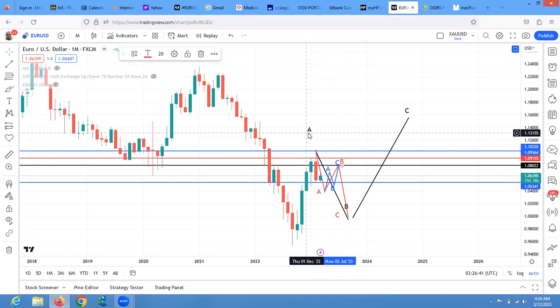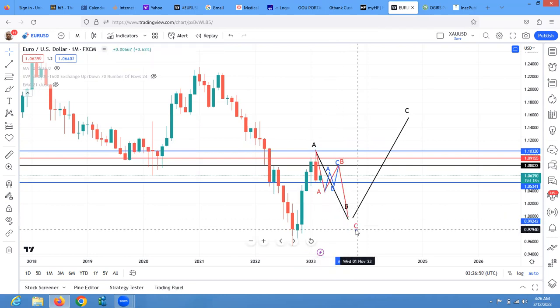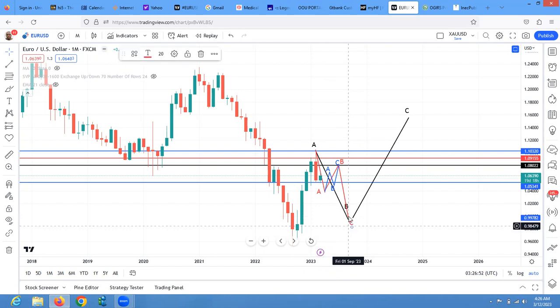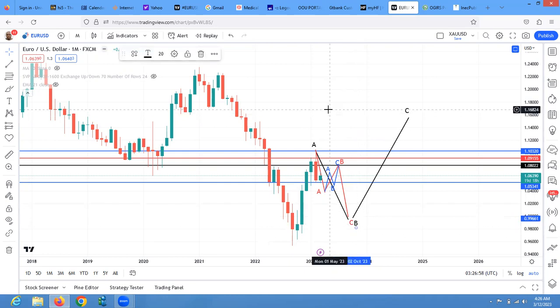So this A, forget about my drawing, what you need is the idea, because the levels are not this. Don't think that I'm giving you the levels now. I'm not giving you the levels. I'm just giving you the pattern by drawing this one.